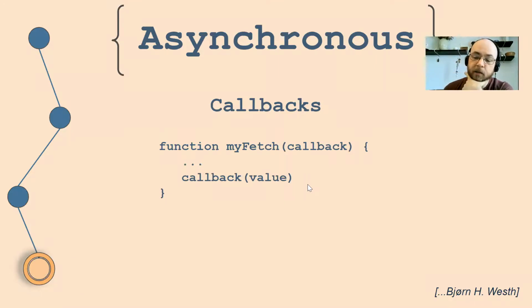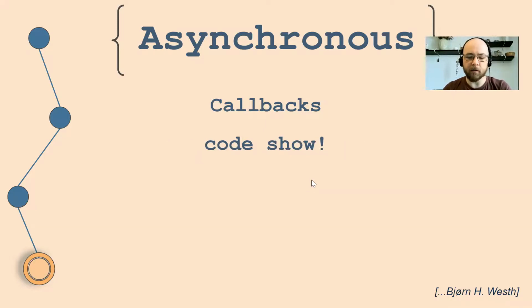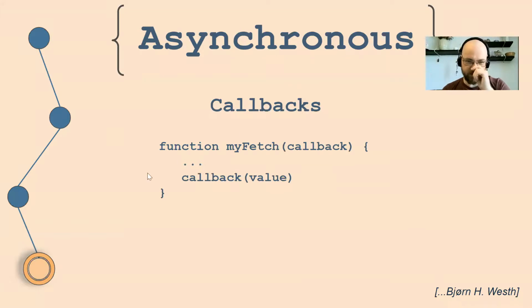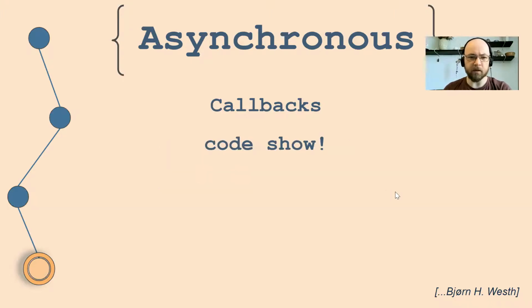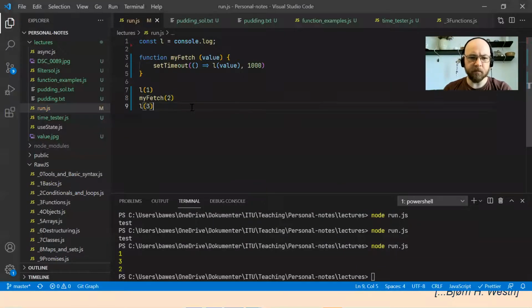You would send a function along with whatever asynchronous function you had. So whenever you're done with what you need to do, call this function on the value that you have generated. This is the basic idea. You pass it a callback function, and when you're done, you call it on the value. I'm going to show you an example of this.